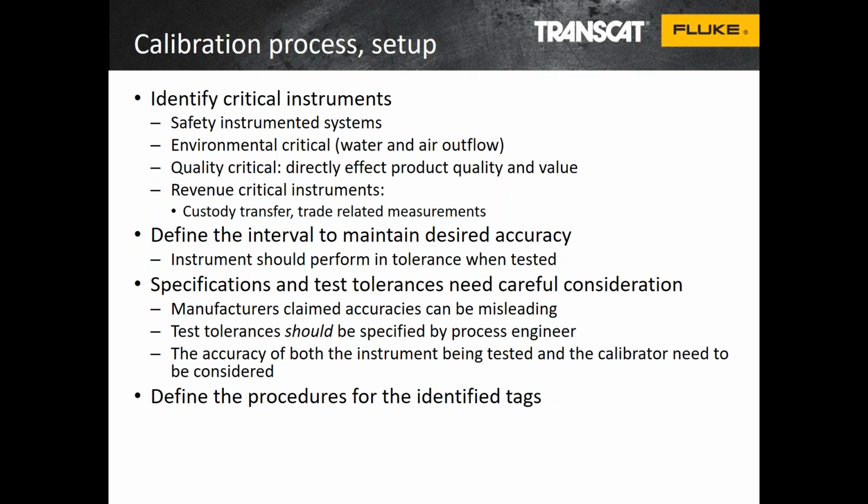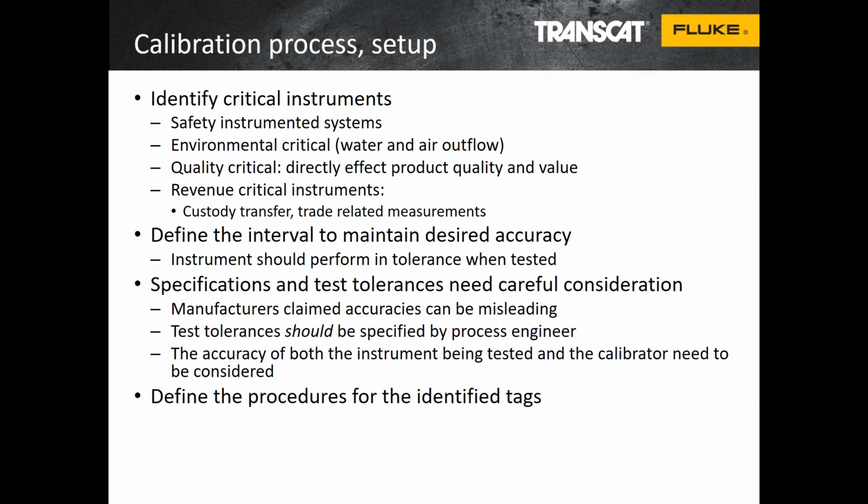At the end of its calibration interval, the instrument should be in tolerance when tested. If the device is out of tolerance, either the device is not accurate enough for the process that it's testing, or it needs to be tested on a more frequent interval to ensure that it's within the desired accuracy to keep the process measurement under control and within limits.